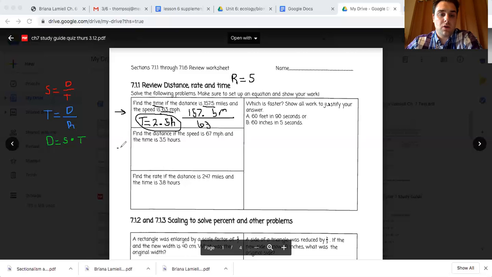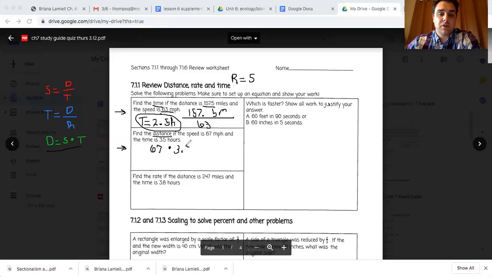All right, now we're going to move on down to here. It says find the distance. Once again, it's just coming right out with it. So we know that we're going to be using right here. Find the distance if the speed is 67 miles per hour and the time is 3.5 hours. So we take 67 and we multiply that by 3.5.